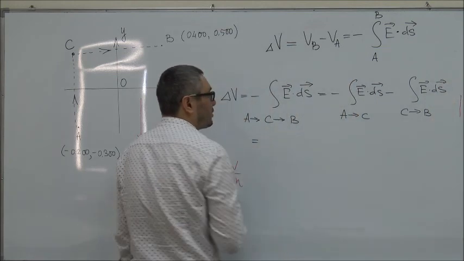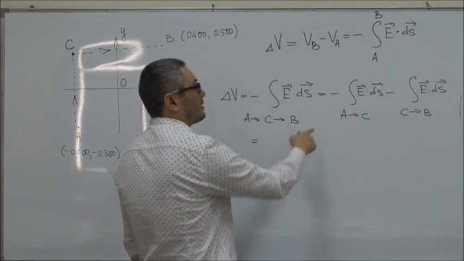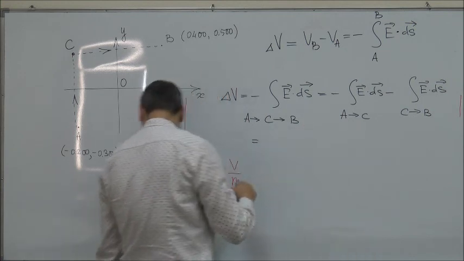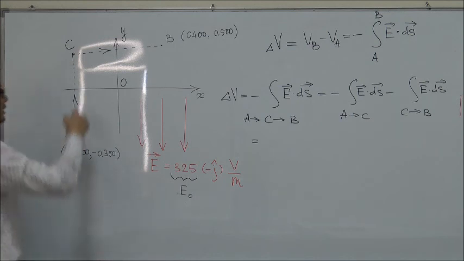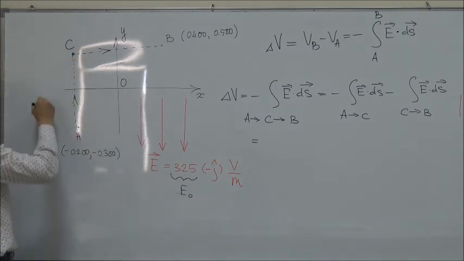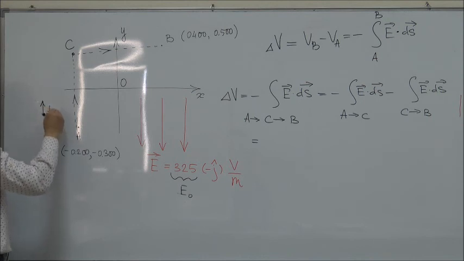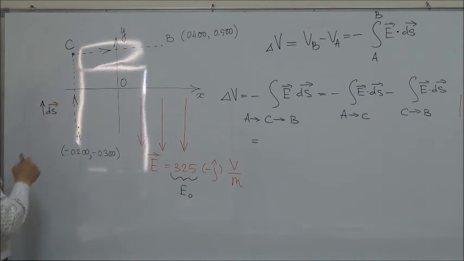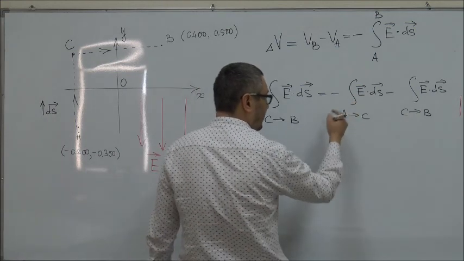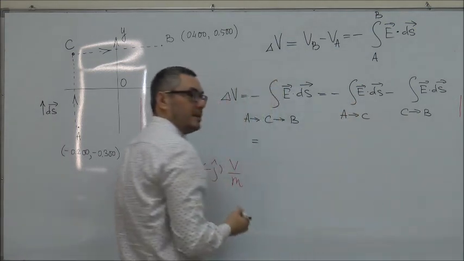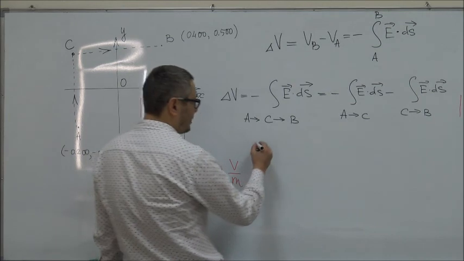So this is then equal to, well, let's first look at this from A to C. That is, we're going from here to here. In this part of the path, you can see that the ds vector is actually identical to the dy vector. So we can say that instead of ds, for this integral, we're going to use dy.